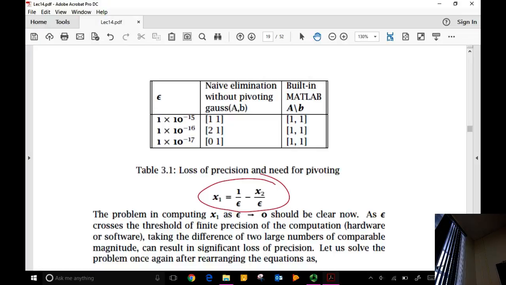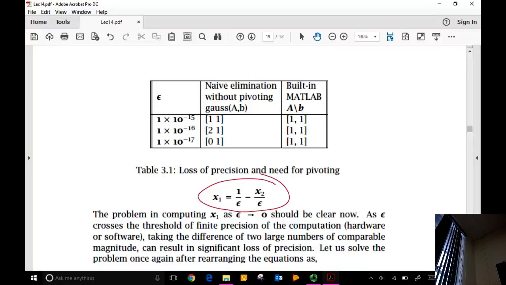Okay? Why? Because it depends on the precision to which I calculate. So by controlling the value of epsilon to be 10 to the minus 15 or 16 or 17, I can get any of these results. The reason is, when I take 1 over a small number, I get a huge number. I'm taking the difference of two huge numbers.